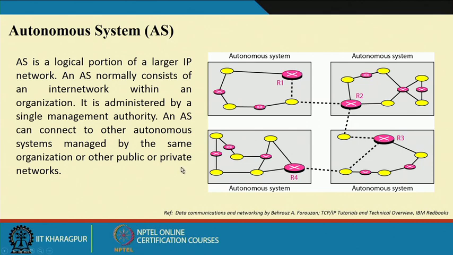In this case we have 4 autonomous systems. There is a designated router called the autonomous border router, which keeps the information of all the networks within the autonomous system.